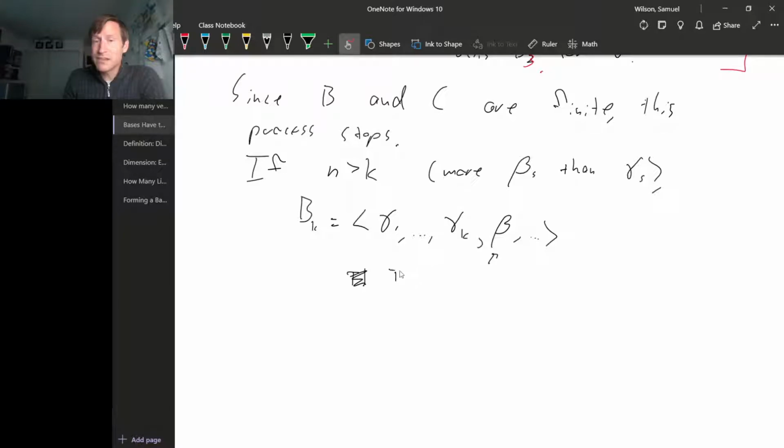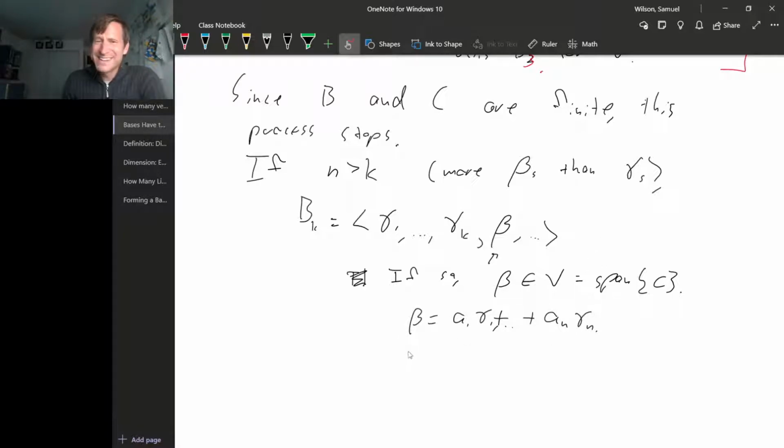But this means, if this were the case, this last beta has to be in V, of course, but the vector space V is the span of all of the gammas, the span of C. So since beta is in the span of the gammas, that means beta is some linear combination of the gammas. Of course it is, since the gammas span the entire vector space.